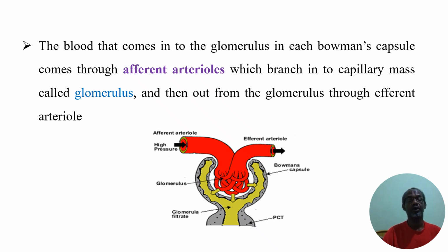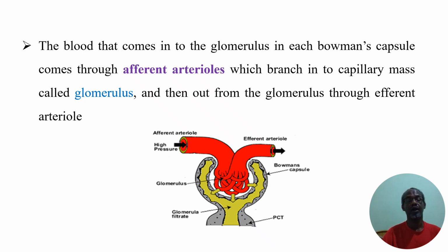Not only that, look at the diagram: the afferent arteriole has a wider lumen, that means wider diameter, whereas the efferent arteriole is narrow. So blood comes through a wider tube and tries to come out through a narrower tube. This by itself increases the pressure in the glomerulus.